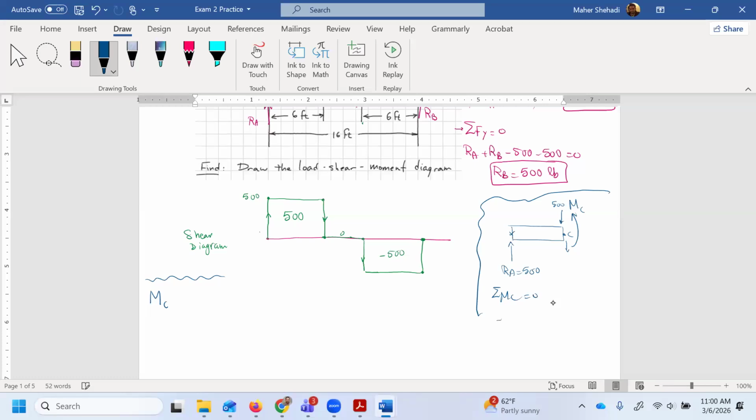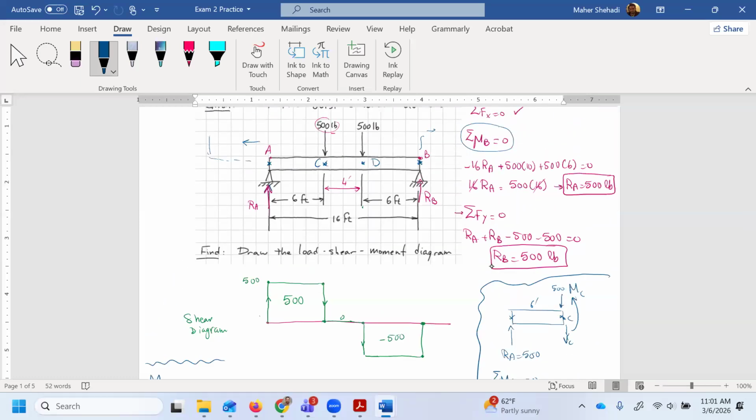Therefore, I have minus 500 times 6 feet. I'm taking it about this point. So both the V, the shear, and the 500 are going to disappear. And I have MC, it's going in the positive counterclockwise direction. Therefore, if we take this to the other side, MC would be 3,000 foot-pound.